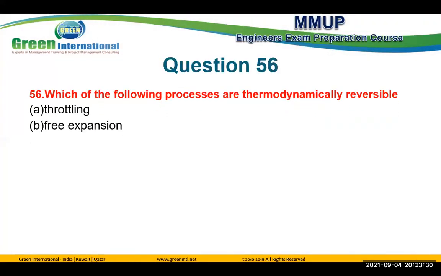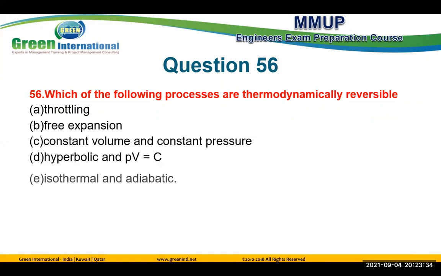Which of the following processes are thermodynamically reversible? Throttling process, no. Isothermal and adiabatic. Constant volume and constant pressure.